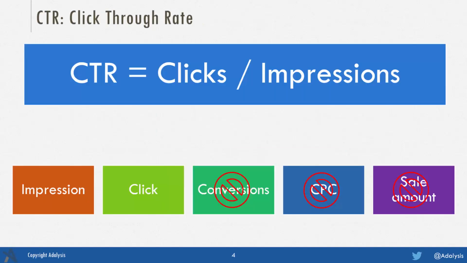So when we look at click-through rate, it's a simple formula, clicks divided by impressions. So it's only using 2 of your 5 metrics. So it's ignoring the quality of the click itself. So click-through rate is a really common ad testing metric, but it's got a lot of problems with it.